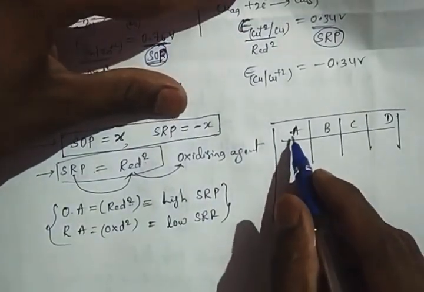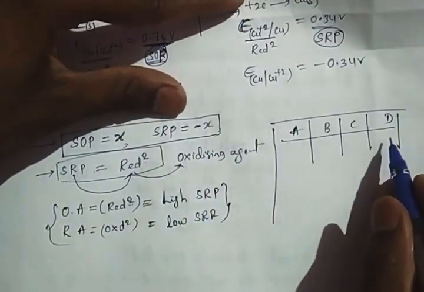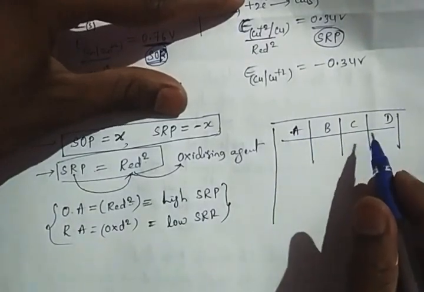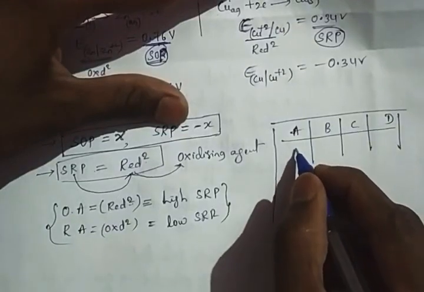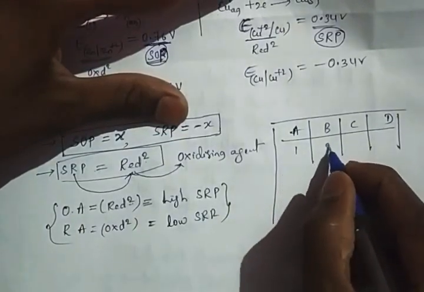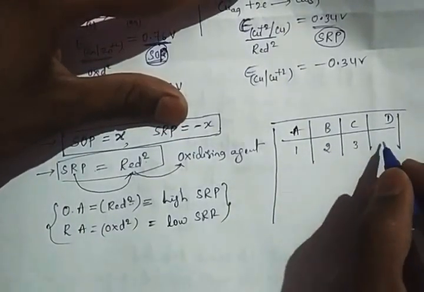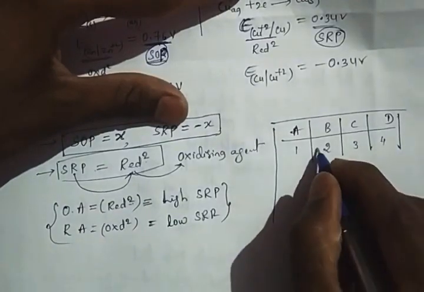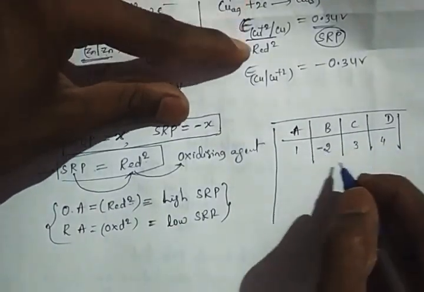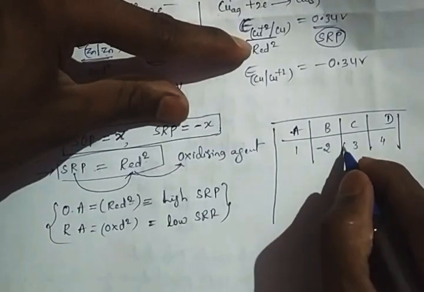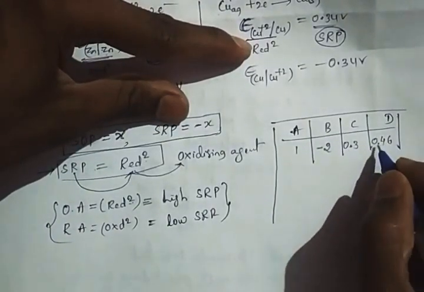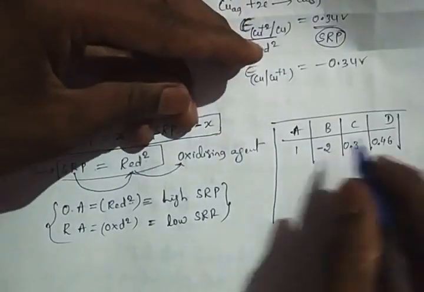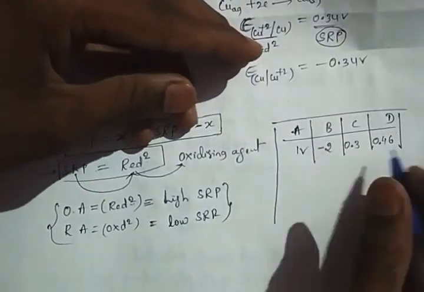Suppose the electrode potential values of these A, B, C, D electrodes are 1 volt, 2 volt, 3 and 4. Or you can even take a negative value: 1, -2, even 0.3, 0.46, etc. The unit is volt.